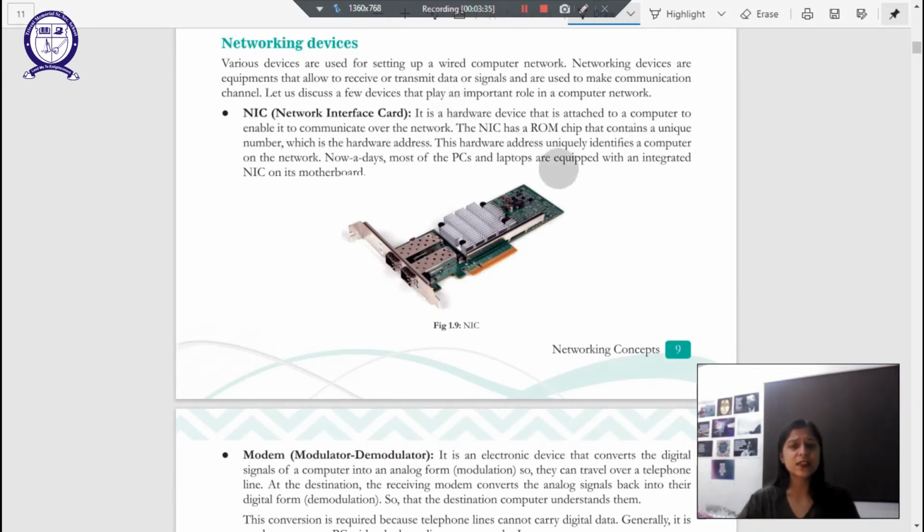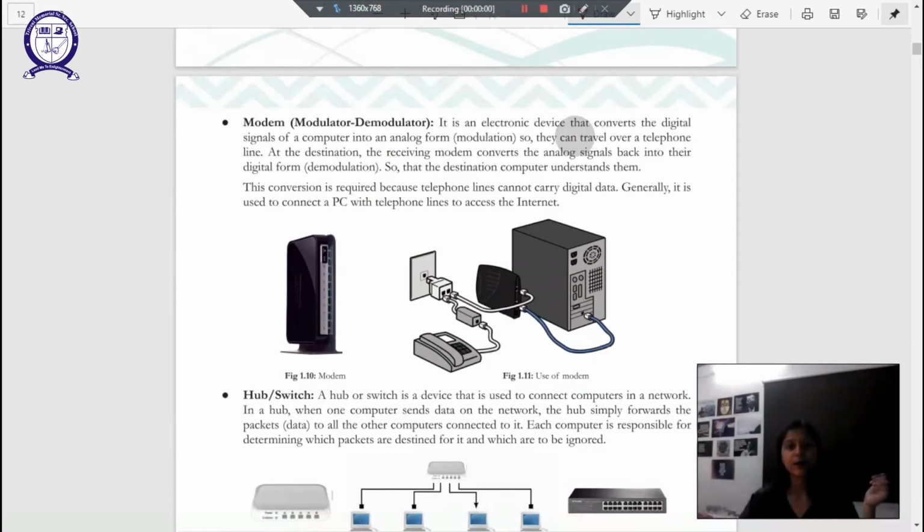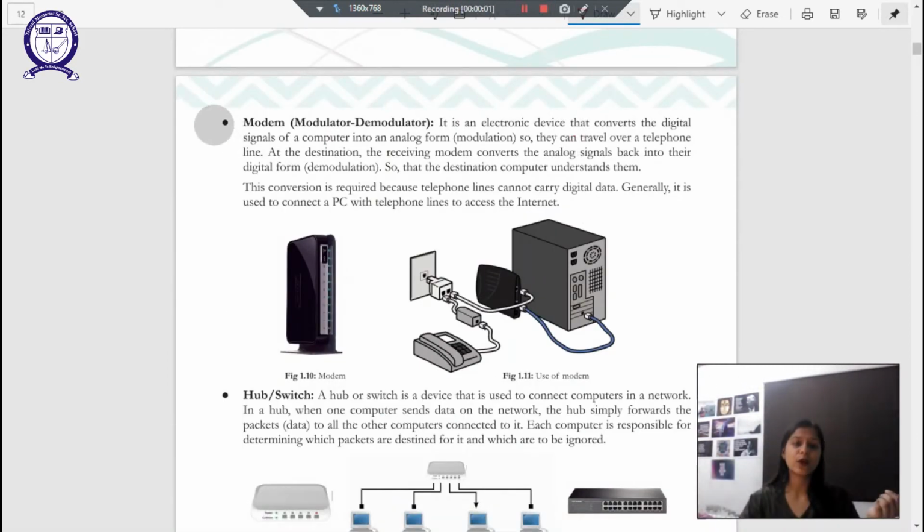It's just a simple ROM chip that contains a unique number, which is the hardware address, which we also call the MAC address, which is unique to any system, right? So this hardware allows us to uniquely identify a computer on the network. But nowadays most PCs, computers and laptops are equipped with an integrated NIC on the motherboard.